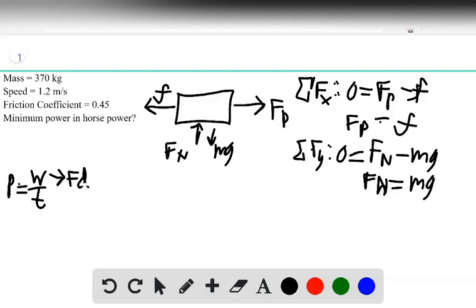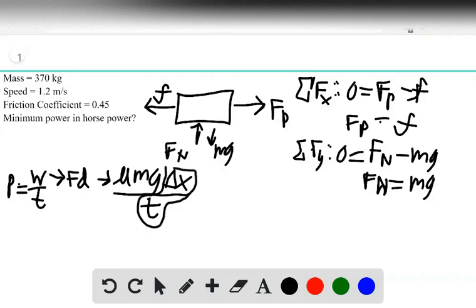And friction force is mu times force of the normal, and we've solved for force of the normal to be mg. And then we have a distance. We don't have a distance, but work is force times a distance, delta x, okay? And then over time. Okay, so immediately you should recognize that this delta x over delta t is velocity, and we are given a velocity. So then we can solve for this.